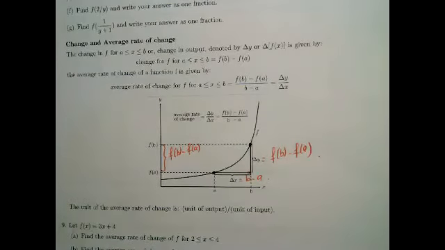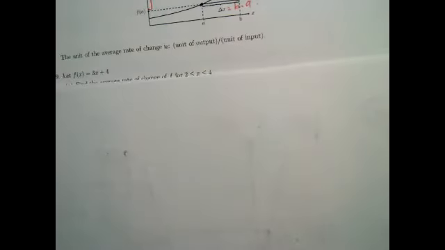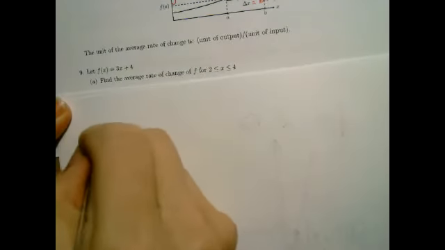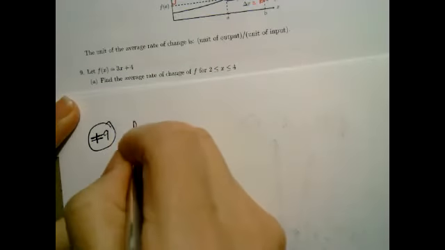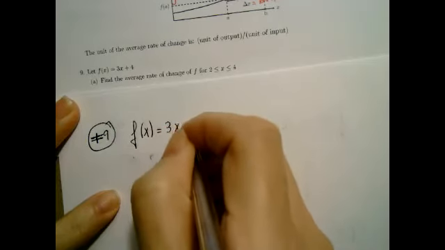So let's look at number 9 and 10, and if there is surprise. So let's see number 9. The function f of x equals 3x plus 4.